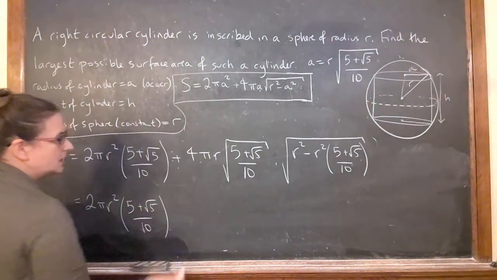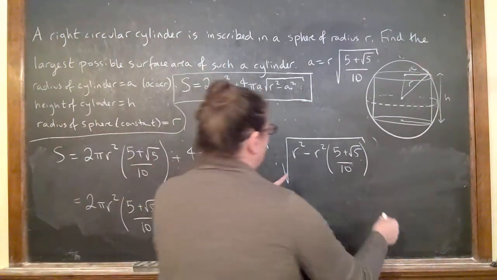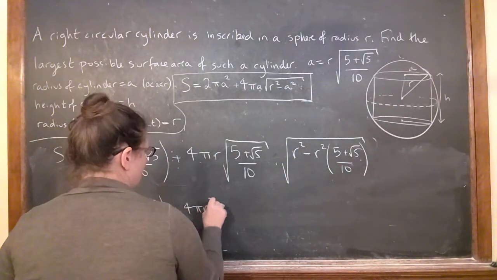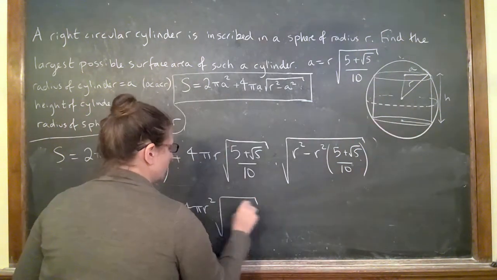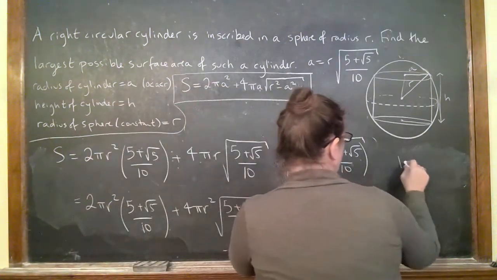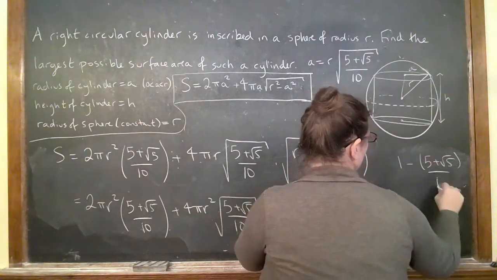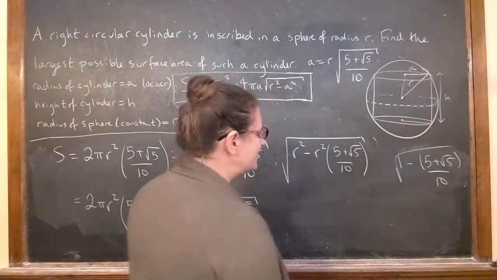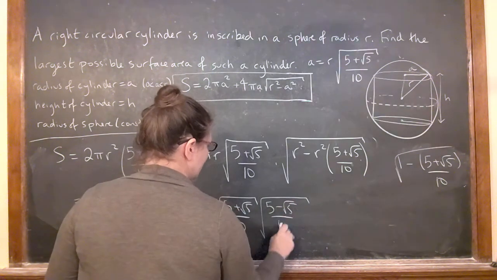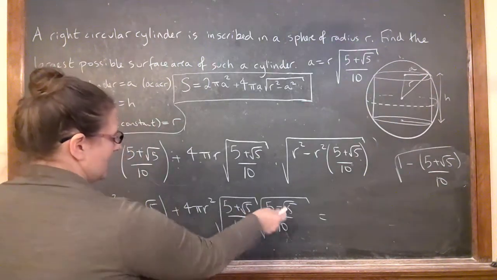And then what happens here, I can pull out another r. So I pull out the r that comes over here, plus 4 pi r squared times the square root of 5 plus root 5 over 10. But what this then becomes is 1 minus 5 plus root 5 over 10 under the square root. So that's actually going to be, this square root is going to be 5 minus root 5 over 10. So these two, combine these, obviously the extra square roots go out.